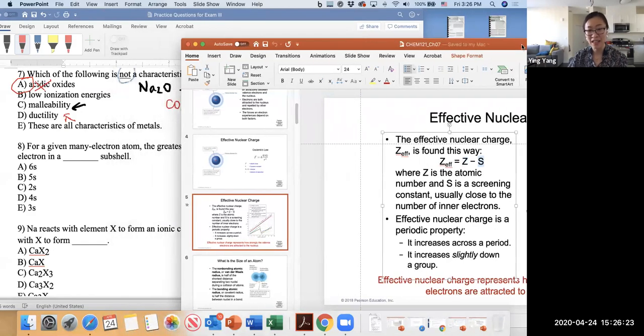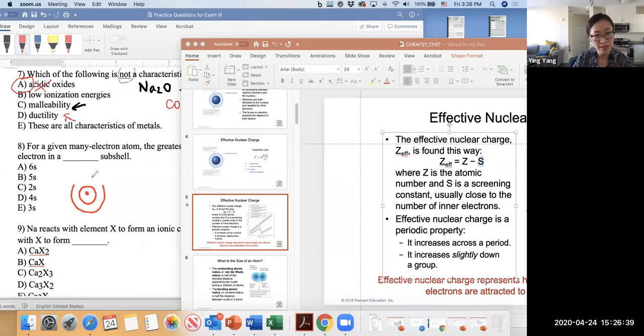The meaning of the effective nuclear charge is this: this is the nucleus, and for example, I'm just going to draw the s orbitals. If this is 1s, this is 2s, and this is 3s, and you have an electron moving here, in the meantime you also have electrons moving in these inner shells.